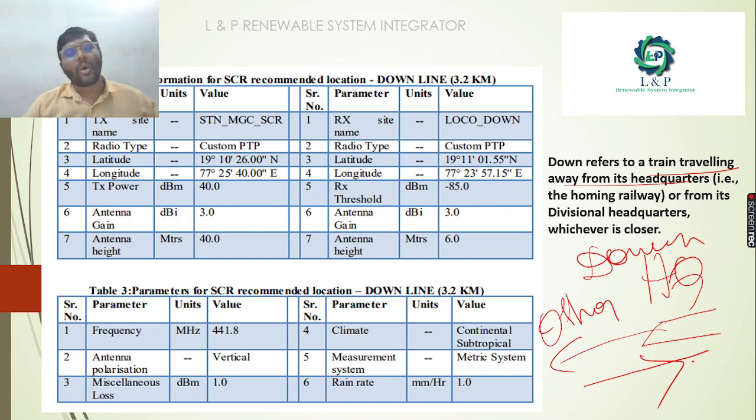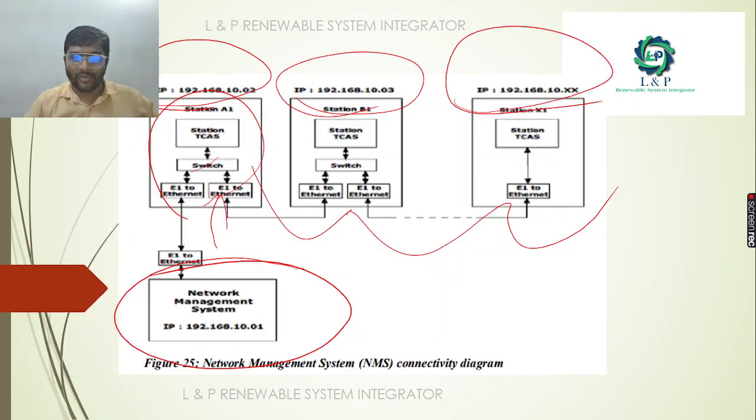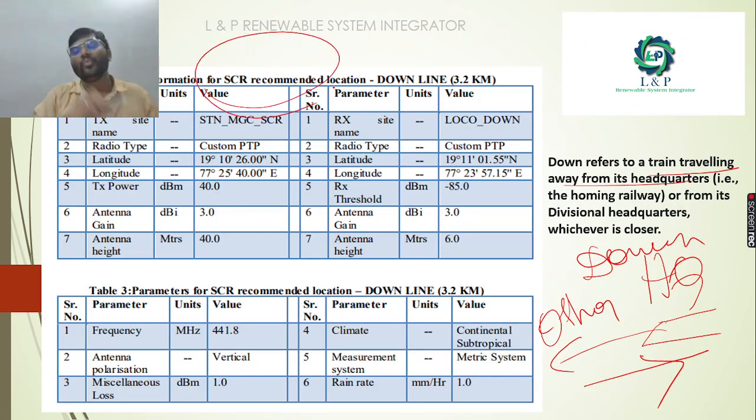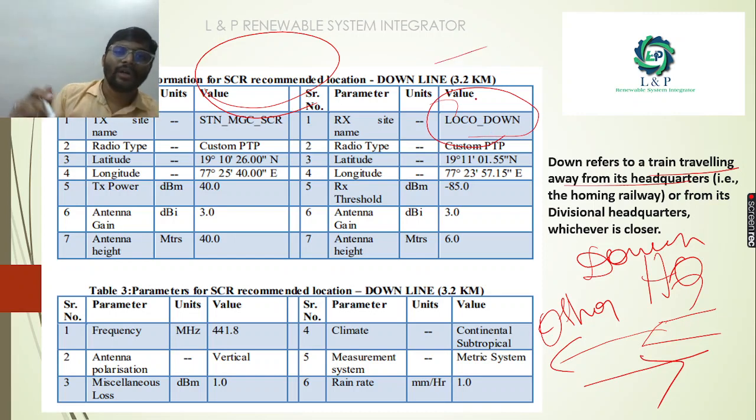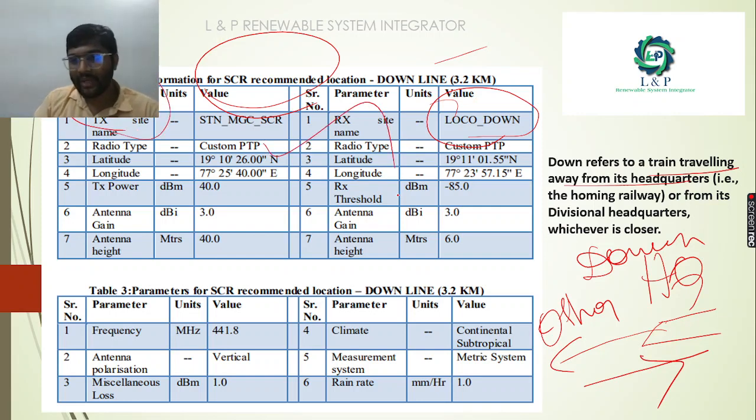So what different information will the station control room receive? We will receive the site name, where it is coming down from on the downline, which station it is going to approach, and what radio type we are receiving.